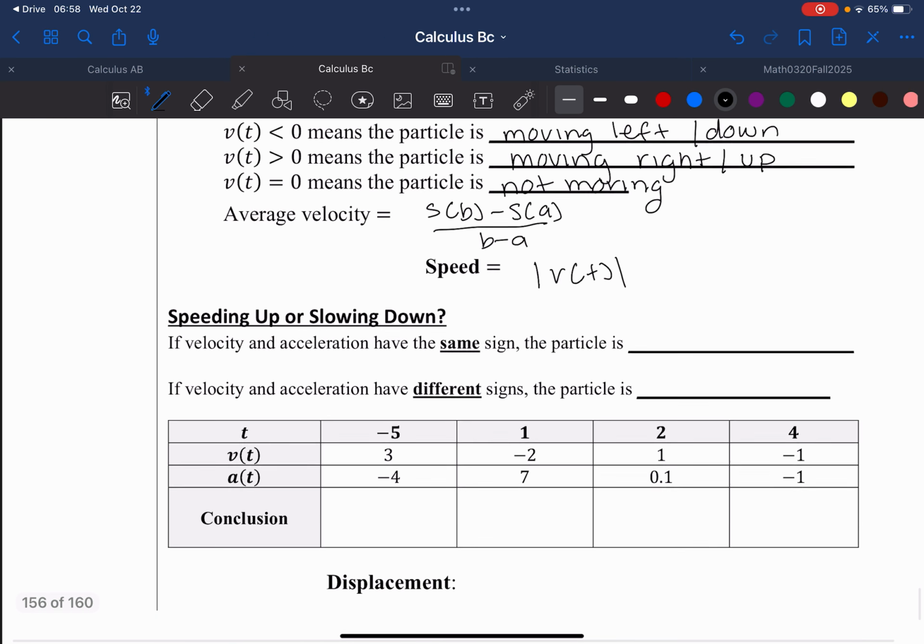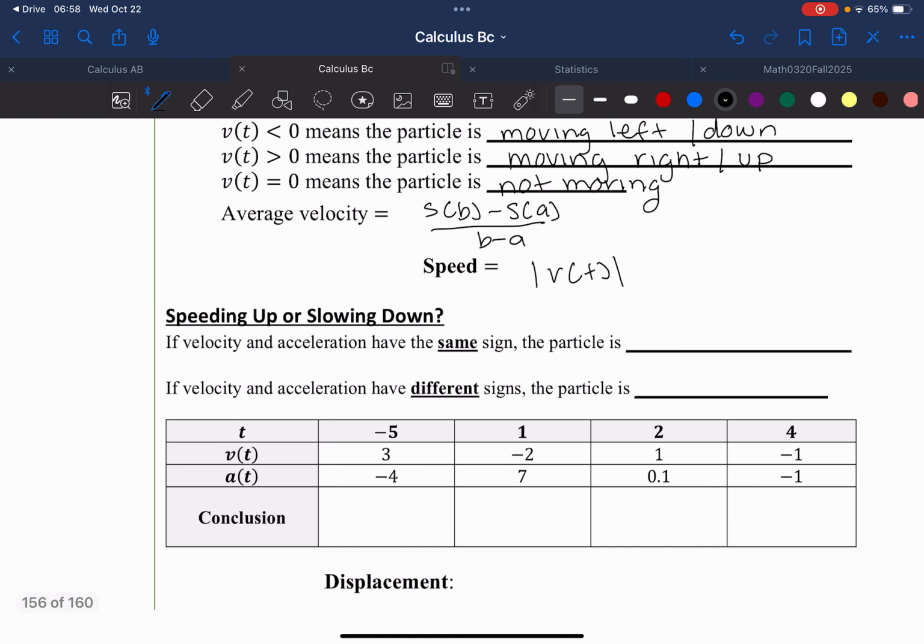And now let's talk about how we know if we are speeding up or slowing down. If velocity and acceleration have the same sign, the particle is speeding up. If acceleration and velocity have different signs, then that's how we know that the particle is slowing down.